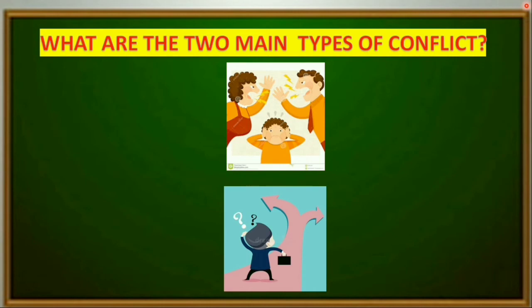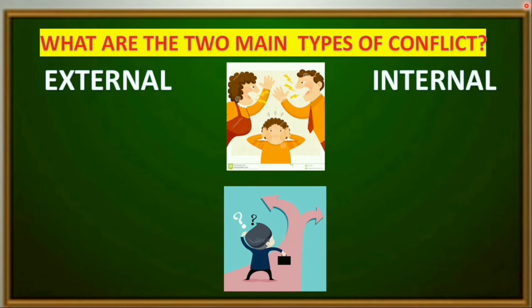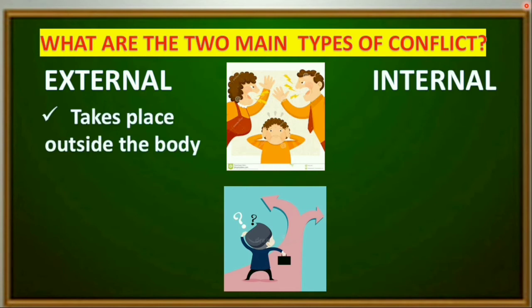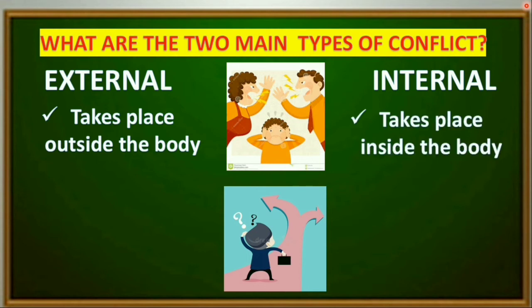What are the two main types of conflict? Number 1, external, and number 2, internal. When you say external, it takes place outside the body. And when you say internal, it takes place inside the body.